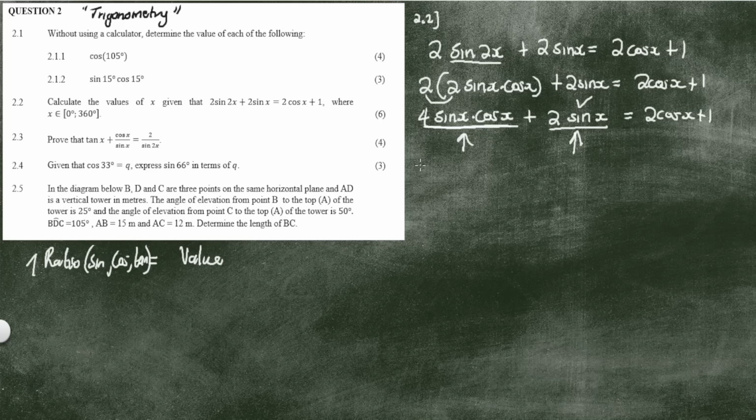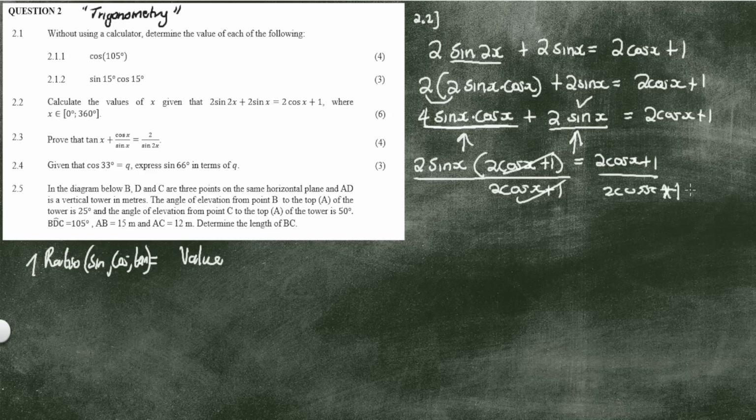So we take it out as a common factor. So 2 cos x plus 1 equal to 2 cos x plus 1. Okay, don't do this, do not do this. Oh, okay, it's the same. So let me just divide.